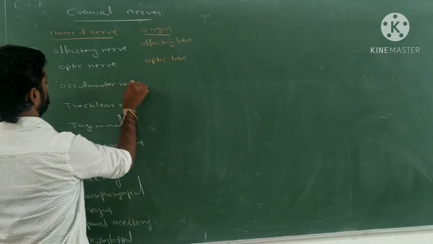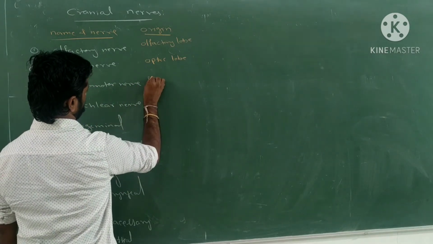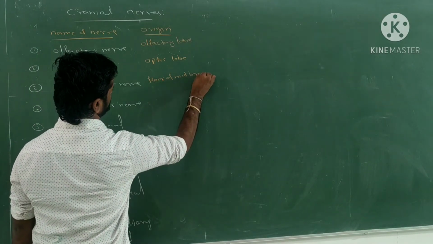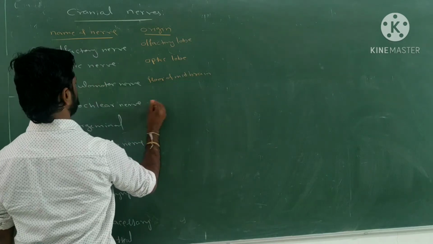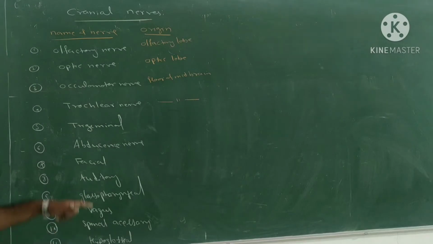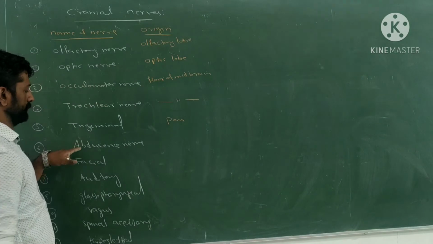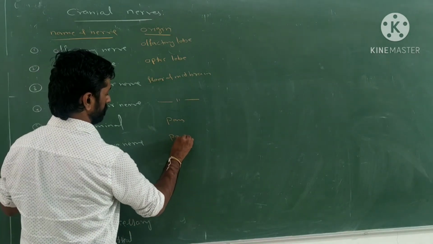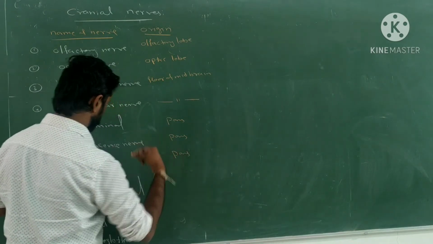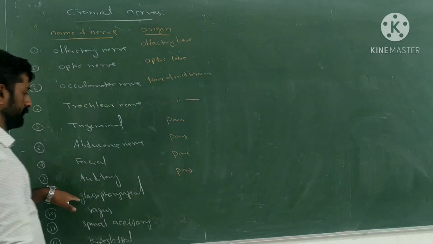The oculomotor nerve originates from the floor of the midbrain, and the trochlear nerve also from the floor of the midbrain. Trigeminal is from the pons. Next, abducens is from the pons. The facial nerve is from the pons. Next, auditory is from the pons.